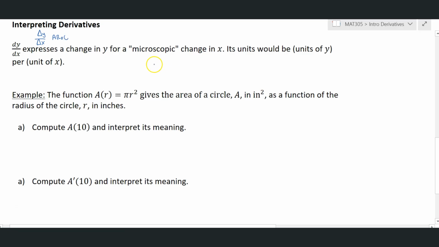And all that means is that if we were to create a microscopic change in x, that would tell us by how much the value of y should change per unit of x. So it gives us a ratio of something to 1, but it doesn't mean that if you change x by a whole 1 unit, then y will change by whatever amount, right? We're saying that this is a ratio corresponding to just miniature changes in x.